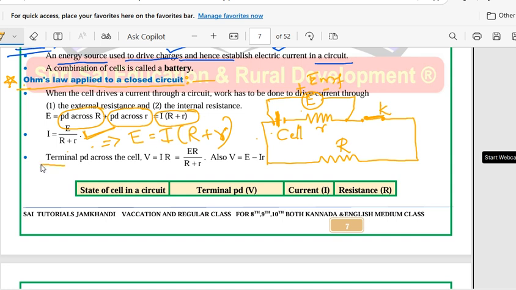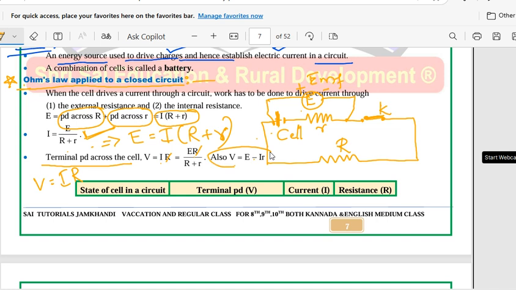So the terminal potential difference, we know that V is equal to IR. If we substitute the value of I, it will become V equal to E into R divided by capital R plus small r. Also, V will become E minus Ir.